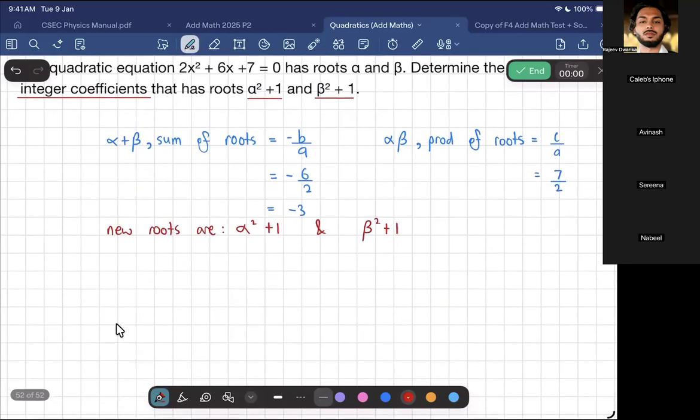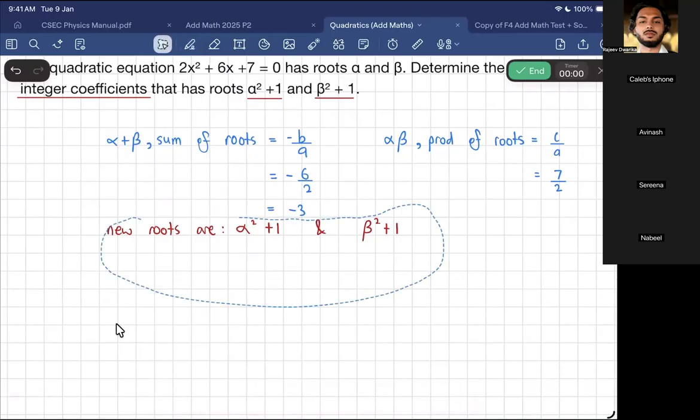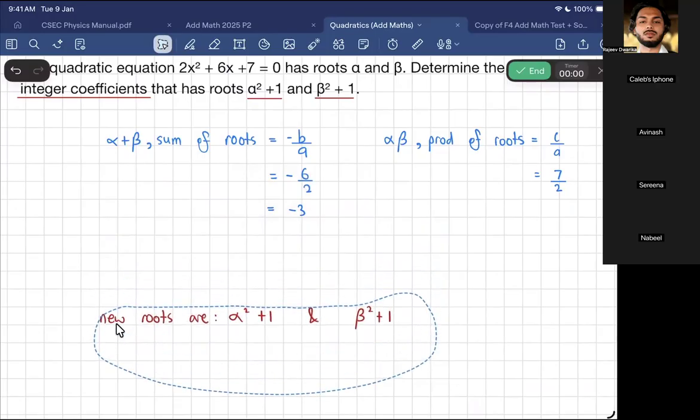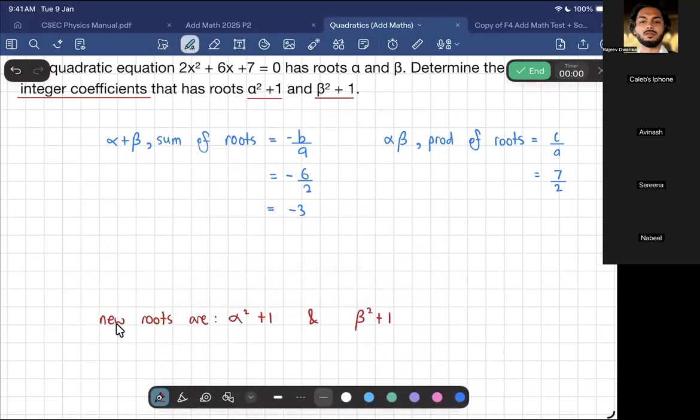Now, something that Avinash did to make his life simple, he calculated alpha squared plus beta squared one time. So let's calculate that one time. Does everybody know what alpha squared plus beta squared is actually equal to? What is alpha squared plus beta squared equal to? Alpha plus beta squared minus 2 alpha beta.